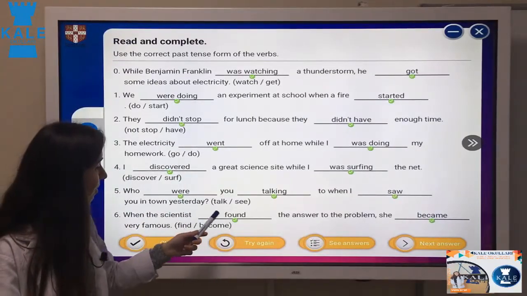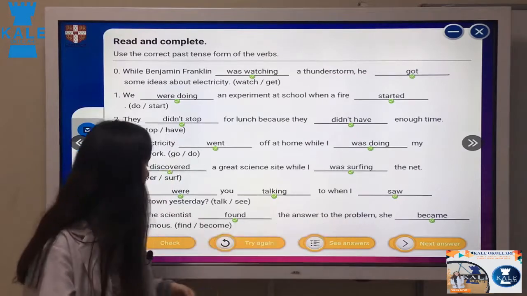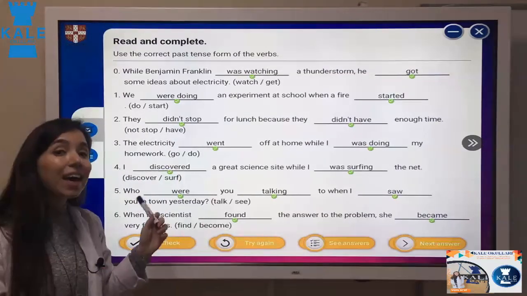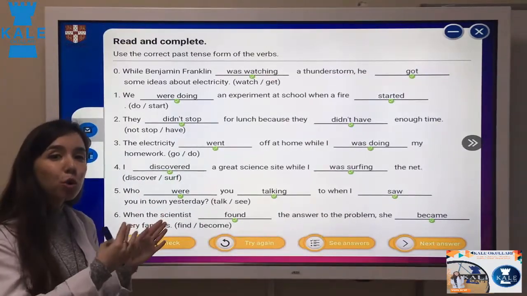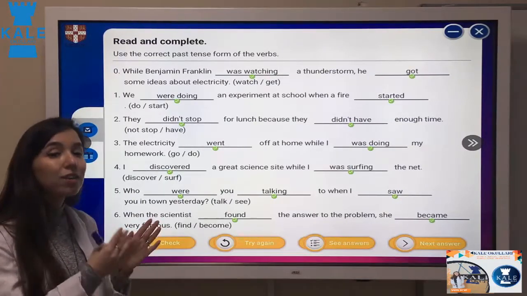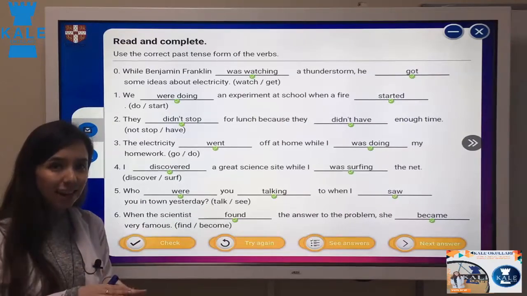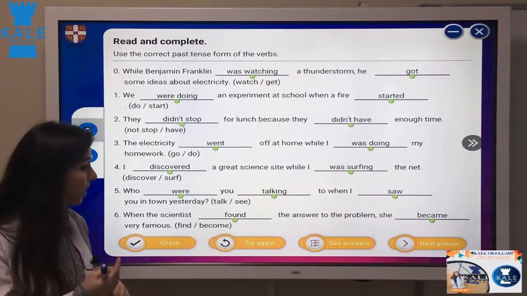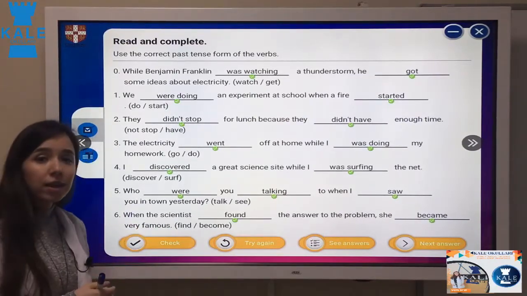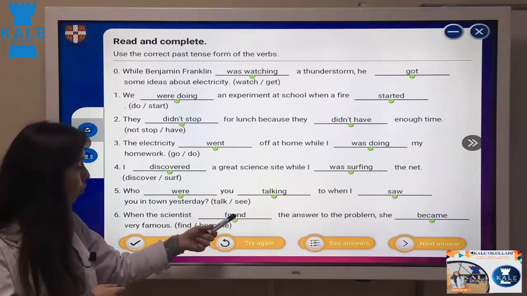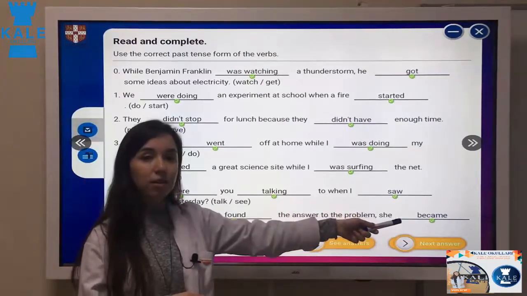When the scientist found the answer to the problem, she became very famous. Again, in these sentences, in both parts what do we use? We use past simple. Why? Because they happen together at the same time. So, you understand that maybe you are going to say here we have when. So, here we have to use past simple, here past continuous.